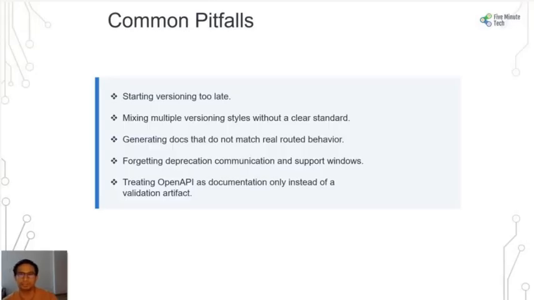The standard should be defined beforehand rather than as an afterthought. Generating docs that do not match real routed behavior. Forgetting deprecation, communication, and support windows. You need to inform the consumers well in advance. And treating OpenAPI as documentation only instead of a validation artifact. These are some of the common pitfalls.